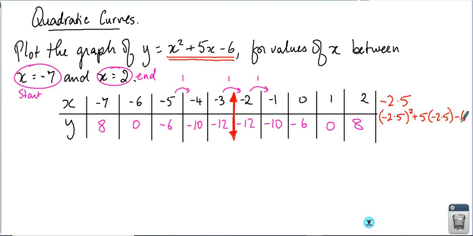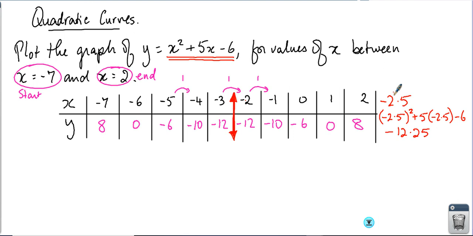I worked it out and I get a value of minus 12.25. And now that is my minimum. It's very important to have a minimum or a maximum. If when I constructed the table I already had a minimum or a maximum, then this part would not have been needed.